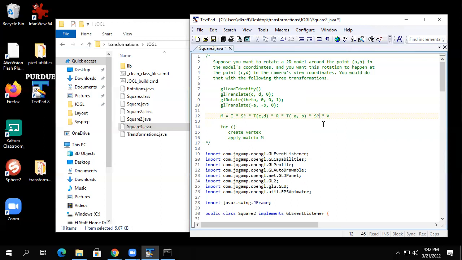Okay. Now, what if you leave it where it is over here? Okay. So you take this guy, you're going to move him to the origin, rotate him, move him to where he belongs. Okay.